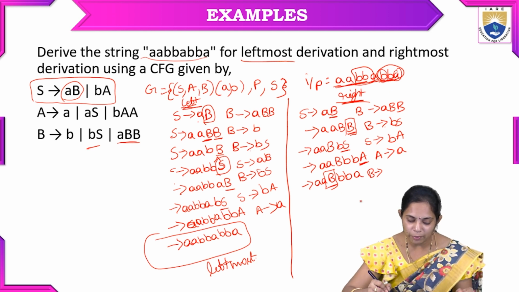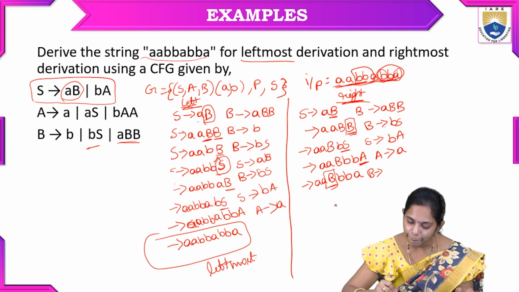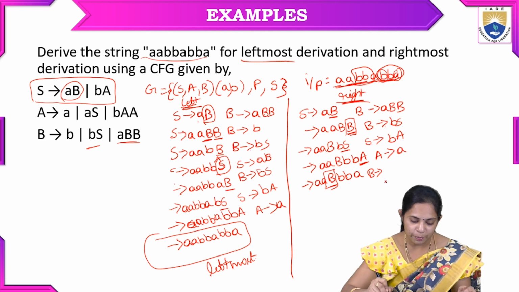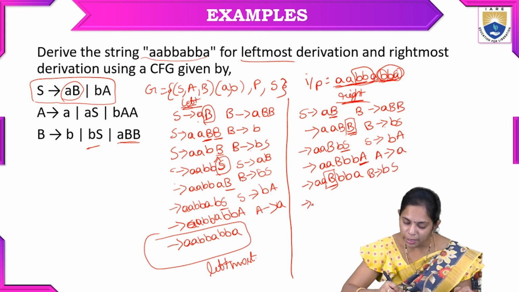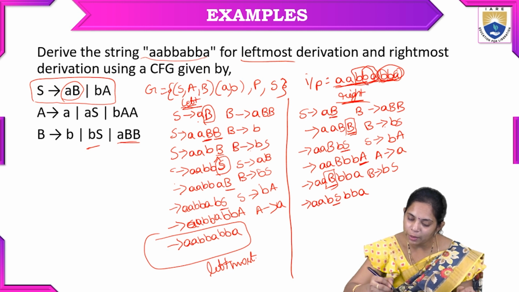So for this one, what is the BBA? So instead of this B, we will write BS. So here AA, B, S, B, B, A. So again we have BA, we require BA.